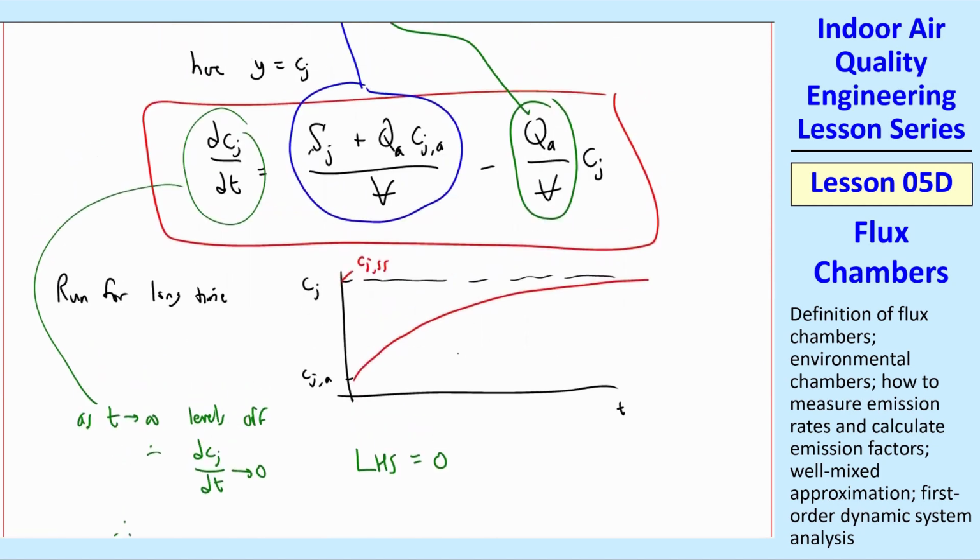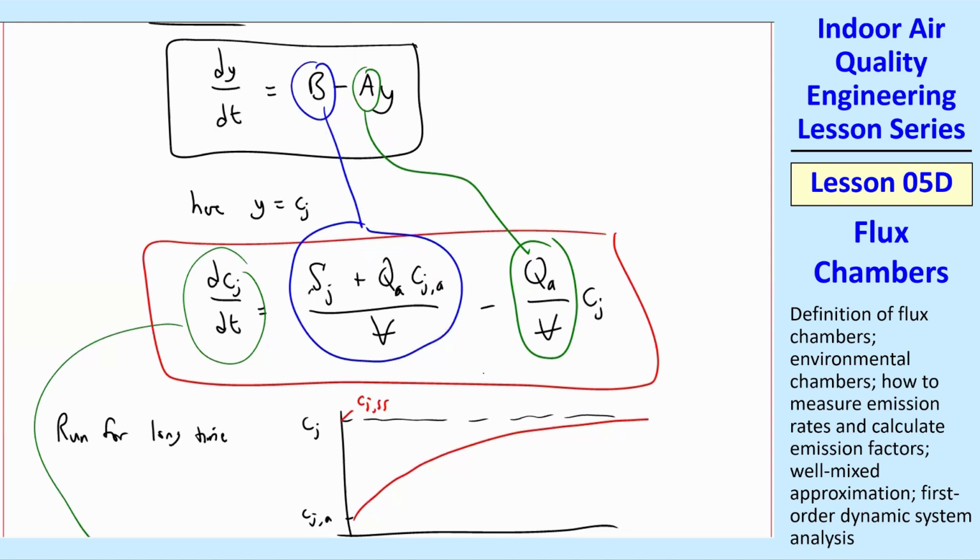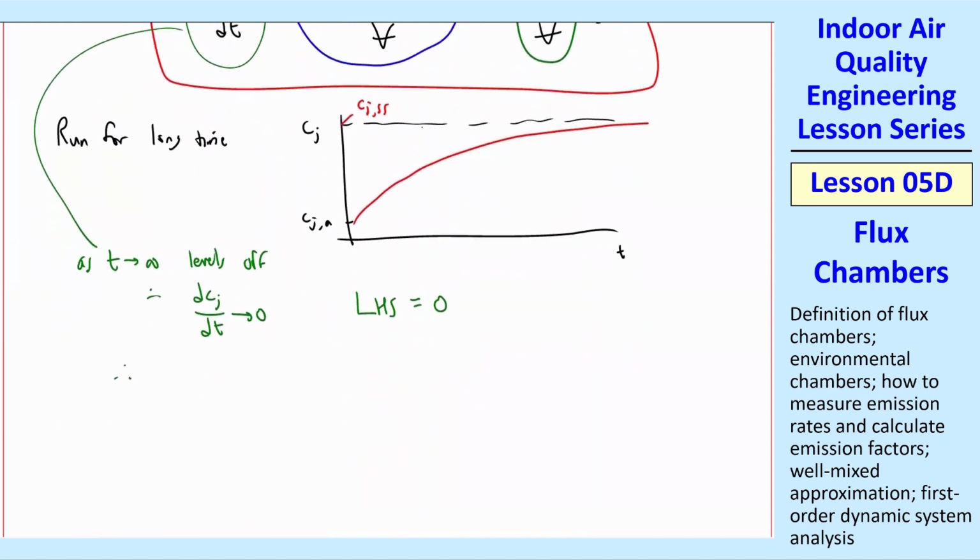Therefore, we can write that the right-hand side, which in terms of b is b minus ay, has to equal 0. So b minus a times y, and our y, remember, is C_J,SS, the steady state value. Once it levels off, the left-hand side goes to 0 and C_J goes to C_J,SS. And so we can write from here that C_J,SS equals b over a.